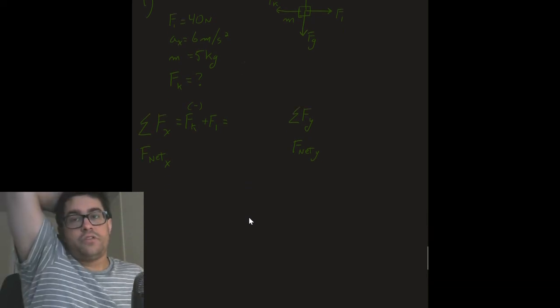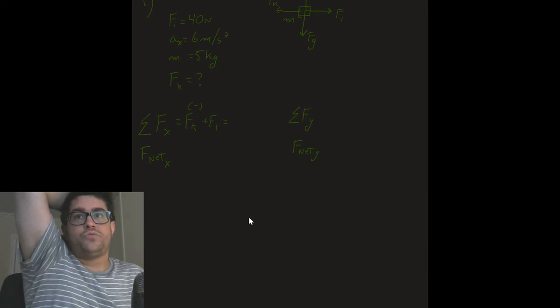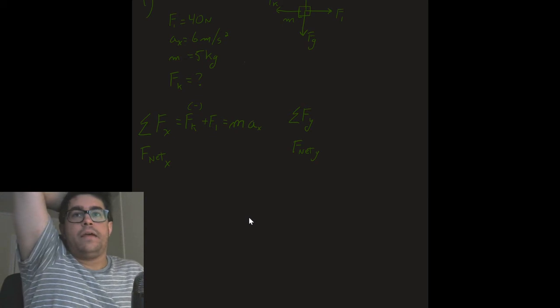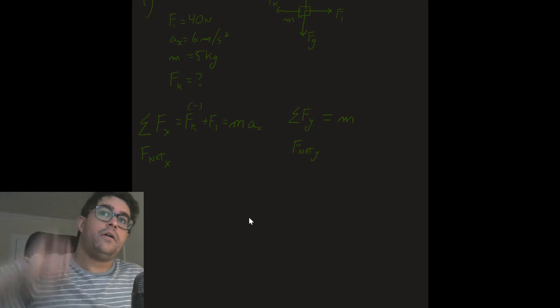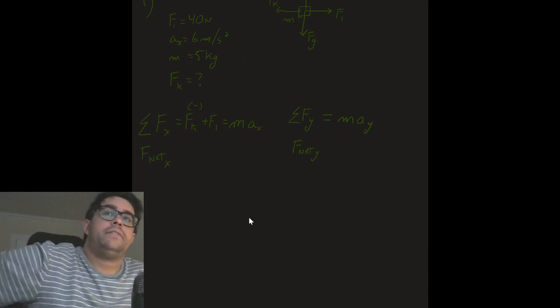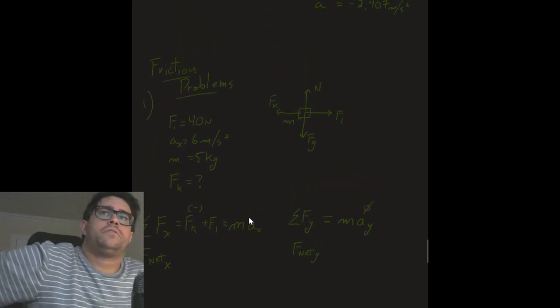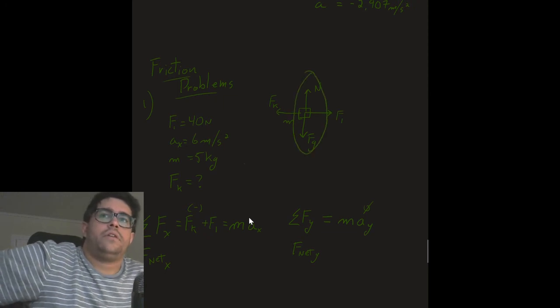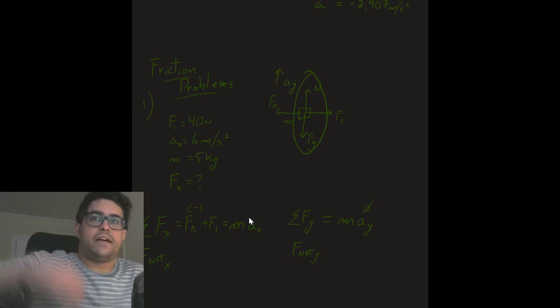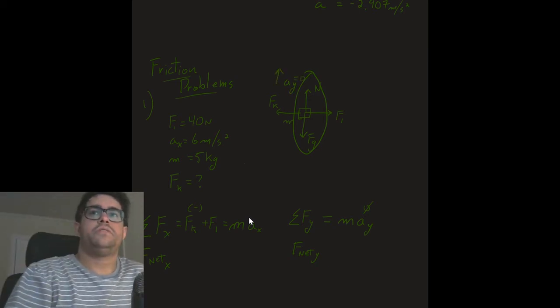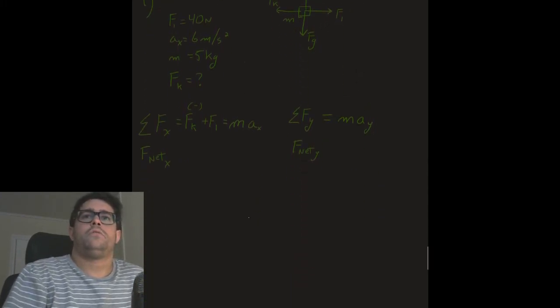It's a good thing because if we sum up the forces in X, we end up with an MAX. And when we sum up the forces in Y, we'll end up with an MAY. And this one is 0 because there's no acceleration in the y-axis. There's not an AY that's accelerating upwards. So AY would be 0. So that part will be 0. Okay.